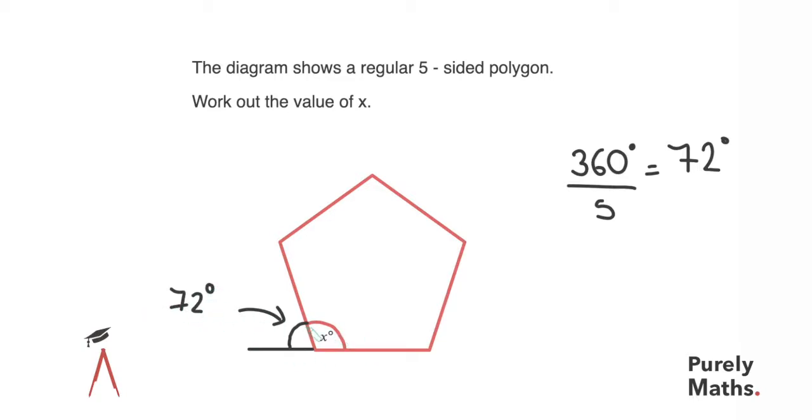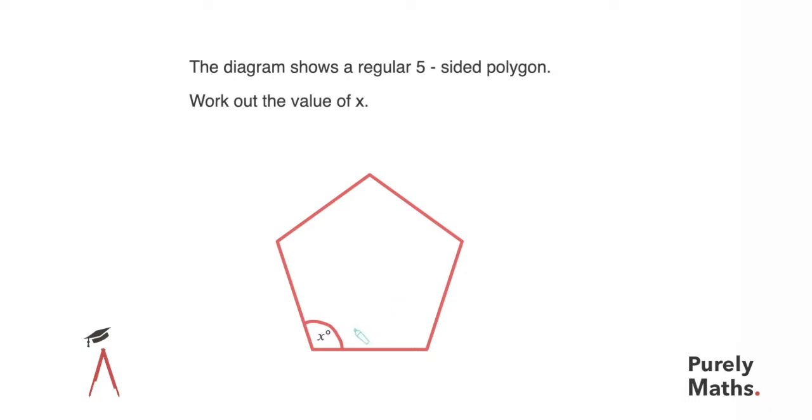Now, remember I said that these two should add up to make 180. So if we do 180 degrees minus 72 degrees, that gives me 108 degrees, which is therefore the size of angle X. So this one here is 108 degrees. So that's the first way to work out this question.